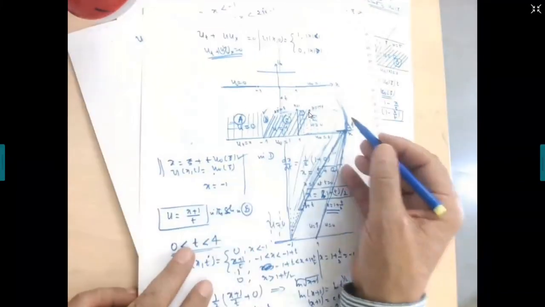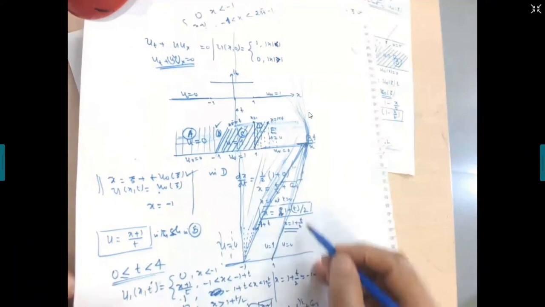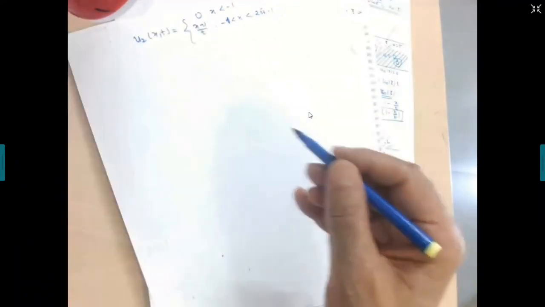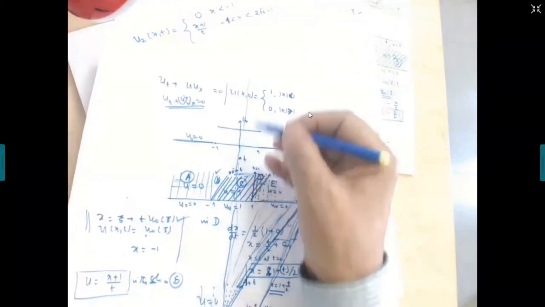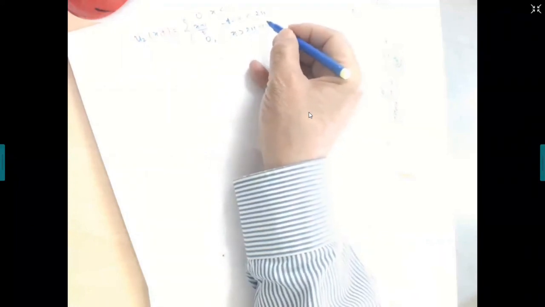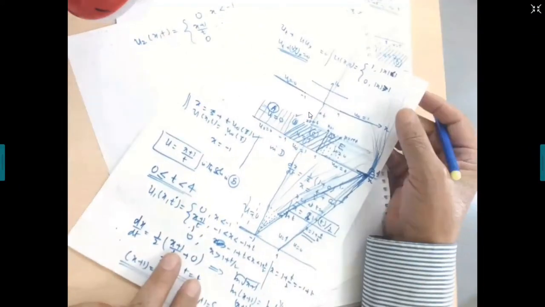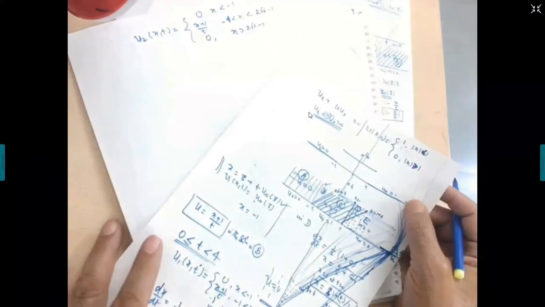Transposing this to the right, beyond this, on the right side, these are the characteristics, and u is equal to 0. In fact, this becomes vertical. So u is 0 when x is greater than 2 root t.